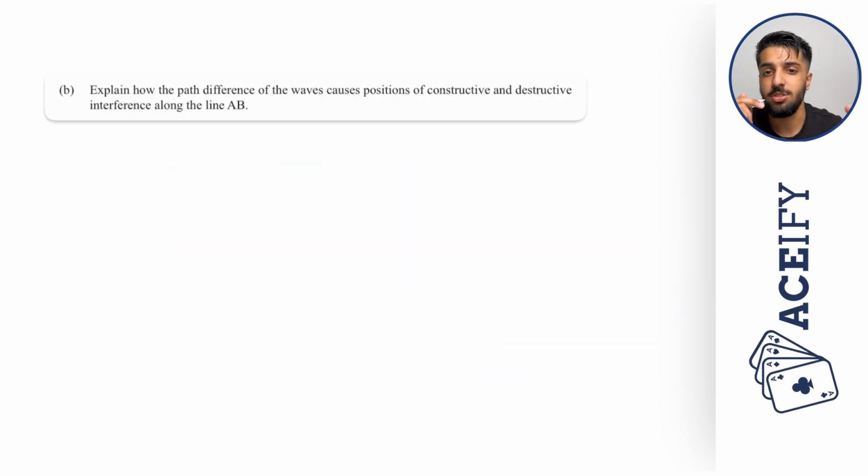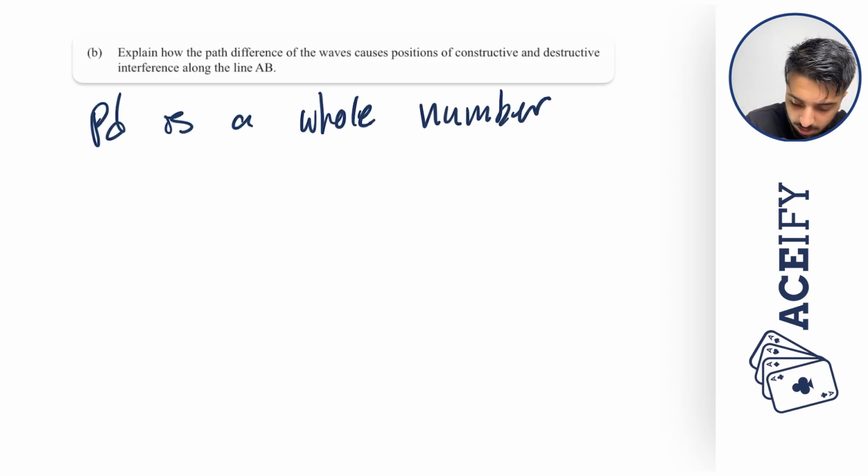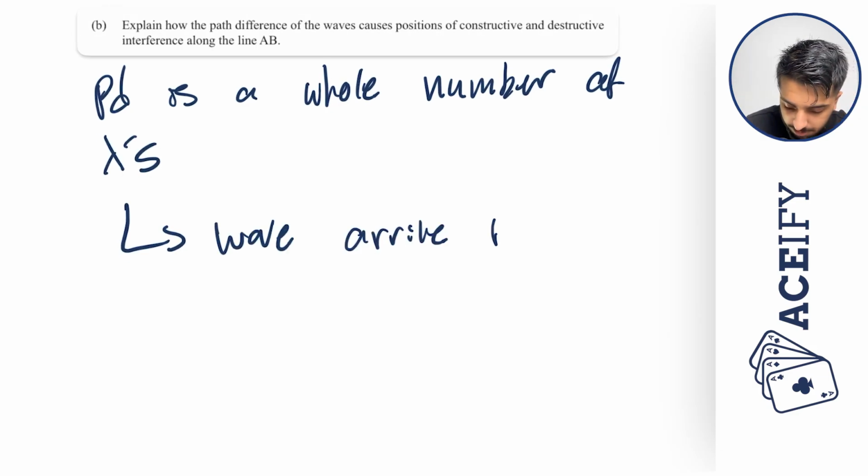Explain how the path difference of the waves causes positions of constructive and destructive interference along the line AB. So this is our classic interference pattern explanation. When the path difference is a whole number of wavelengths, the waves arrive in phase.